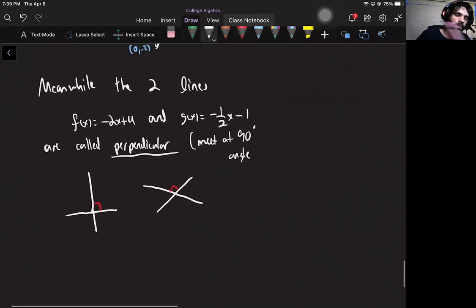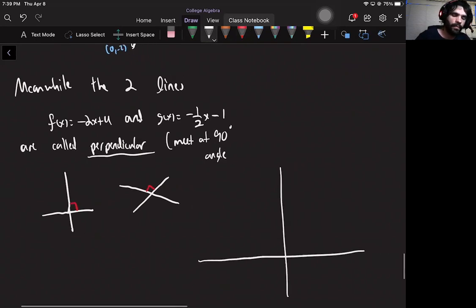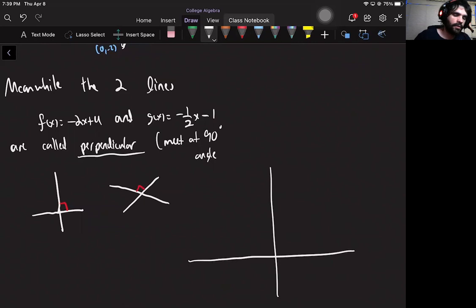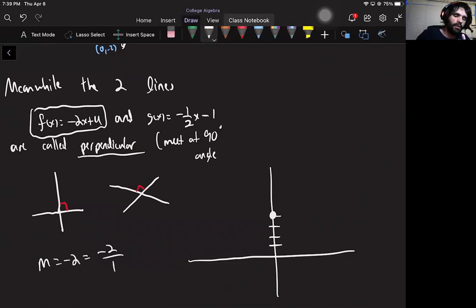Okay, so let's do it over here, I suppose. Let's graph f of x first. When I plug in 0, I'm going to get 4. So (0, 4). That's also because b is 4, so that's going to be my y-intercept, (0, 4). And then the slope is negative 2. I think about it as negative 2 over 1, so I should be going down 2, right 1.